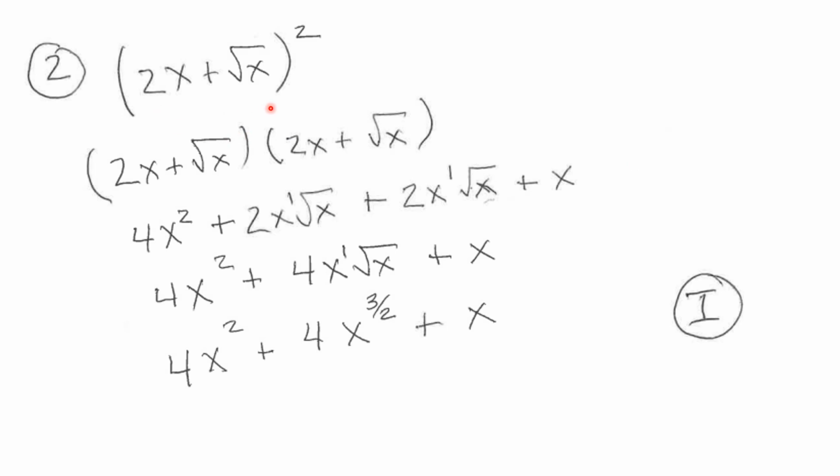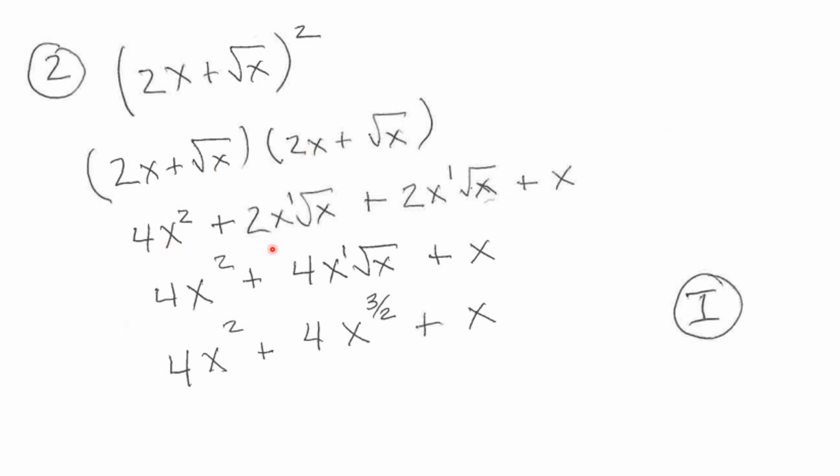Here, what you have to do is square this quantity, square this binomial. One way to do it, and the way we probably would do it, is take 2x plus the square root of x times 2x plus the square root of x, and distribute. 2x times 2x is 4x squared.